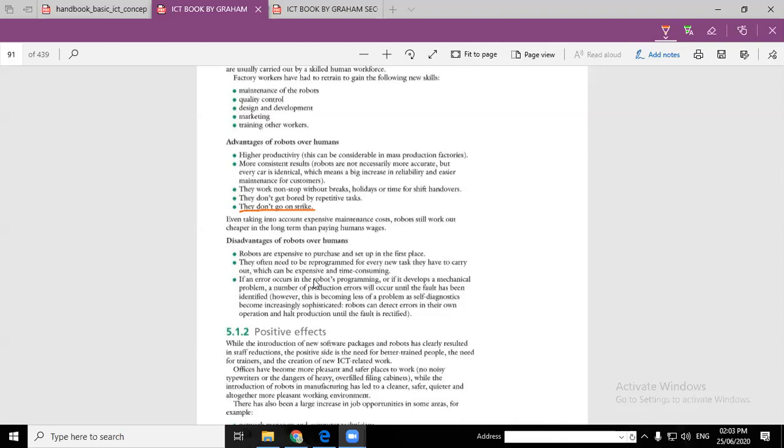If now they are used to manufacturing maybe a Toyota Vitz, and now you want to reprogram the robot to manufacture a V8, remember, a V8 has a different shape and different equipment. You need to reprogram that robot. So if an error occurs in the robot program, or if it develops a mechanical problem, a number of production errors will occur.